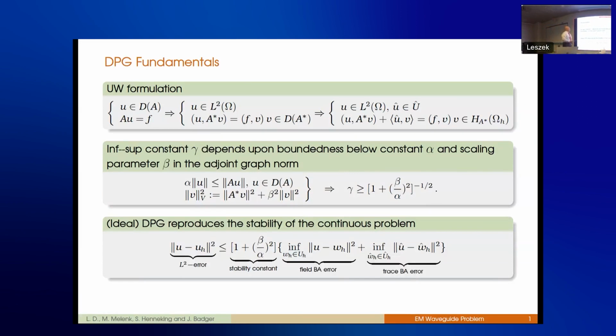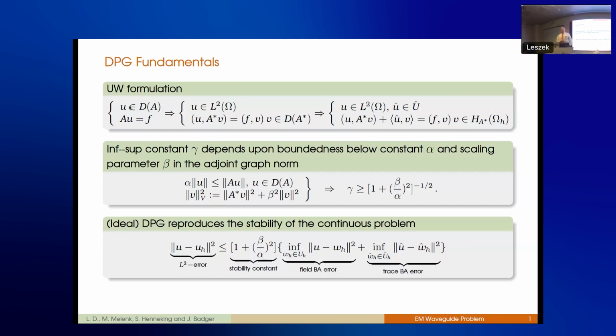In the context of wave propagation, we are using what is called the ultra-weak variational formulation. Ultra-weak variational formulation is based on the system of first-order equations, Au equals f, but instead of using least squares on that, which will lead to pollution, you multiply with the test function and you integrate by parts. You move all the derivatives into v, hence the name ultra-weak.